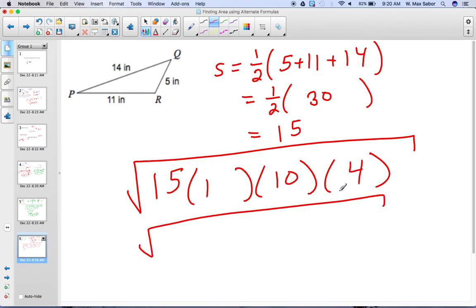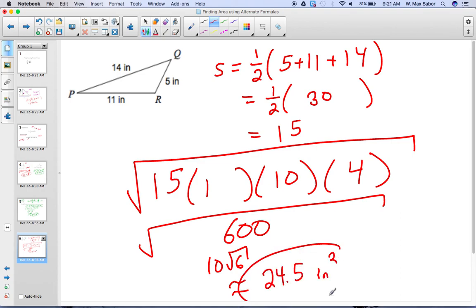So 15 times 10 times 4. 15 times 4 is 60, times 10 is 600. And now we have 10 square root of 6, but typically we're writing this out as a decimal, which would be approximately 24.5 square inches is the area based on Heron's formula.